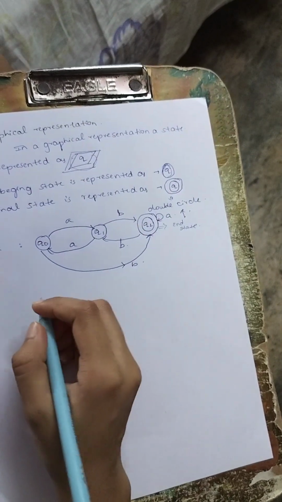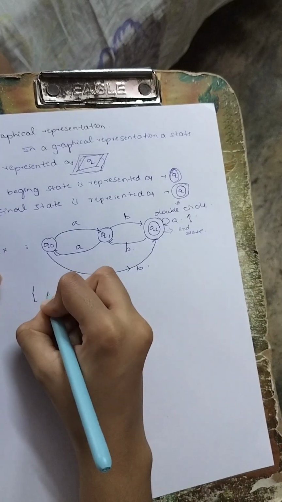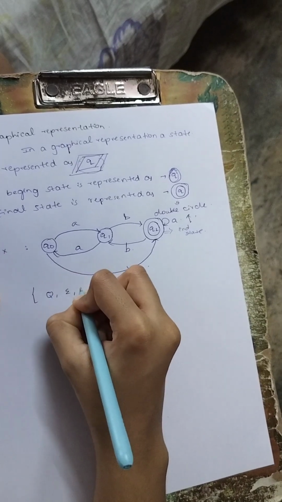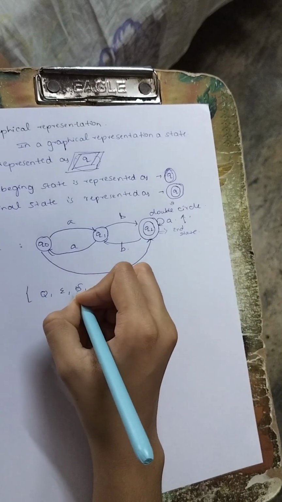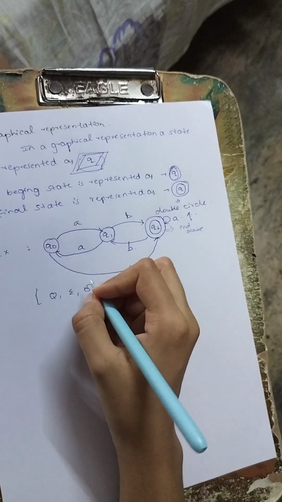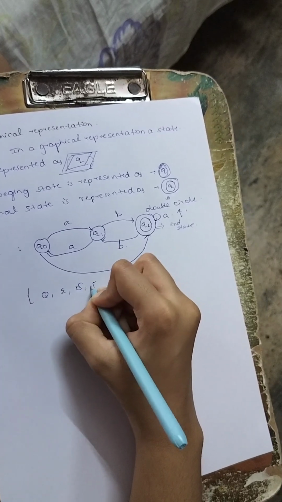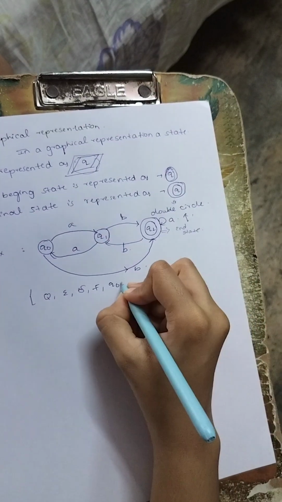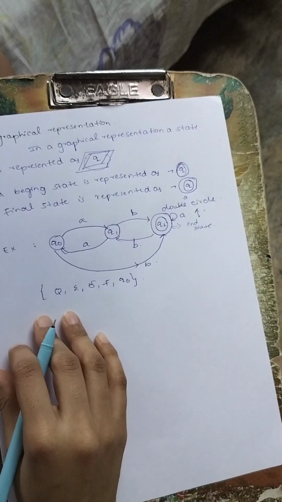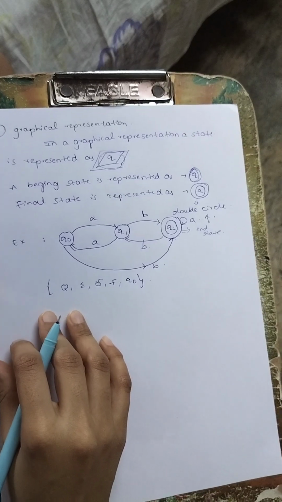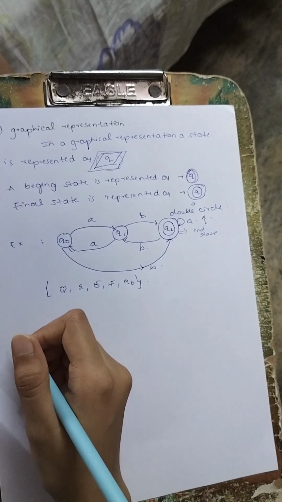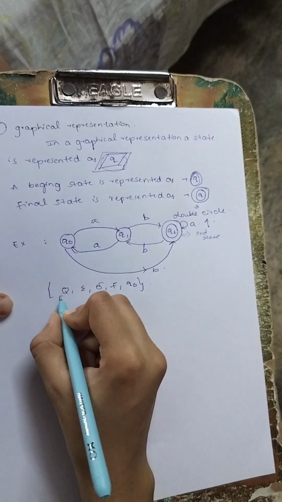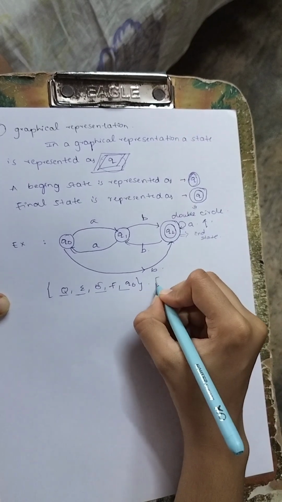So we know that a finite automaton is a set of Q, epsilon, delta, F, and also Q0. So these are the set of the graphical representation. In this we write everything mentioned about the set of the finite automata.